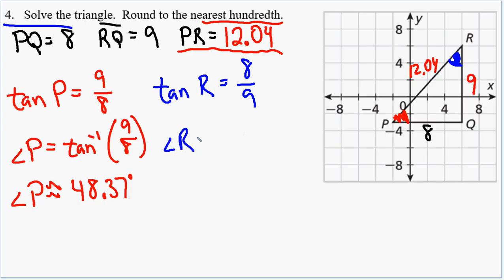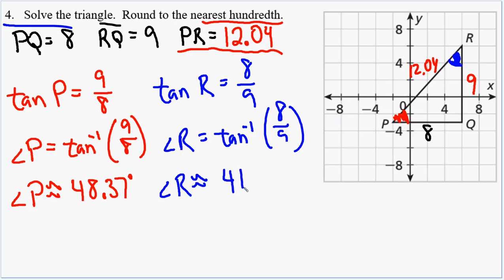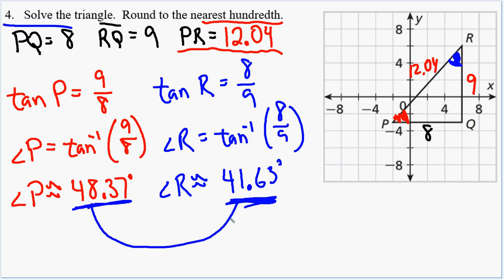So angle R is the tan inverse of 8/9. And our angle R from the calculator is about 41.63. If I wanted to, I could add these together to verify they do add up to 90, and they do. All right, one more.